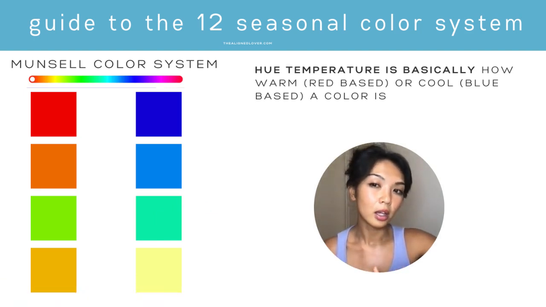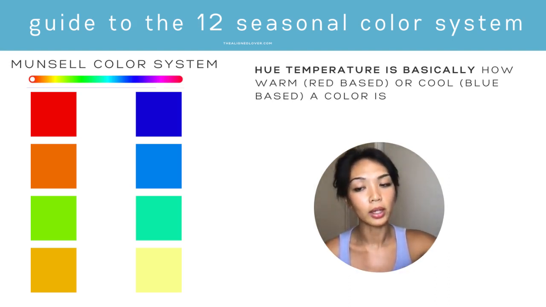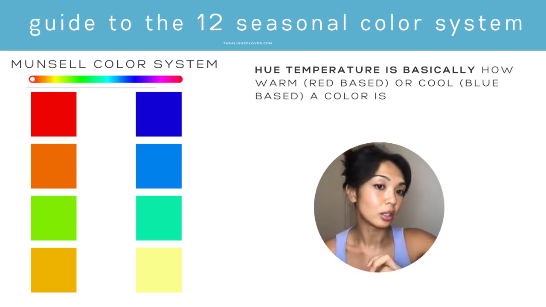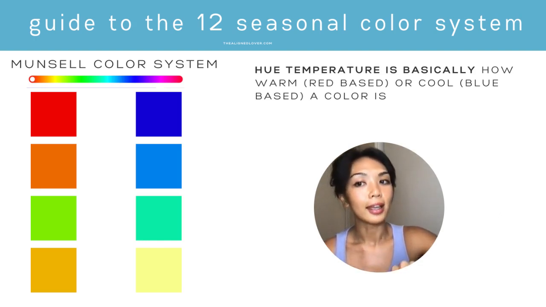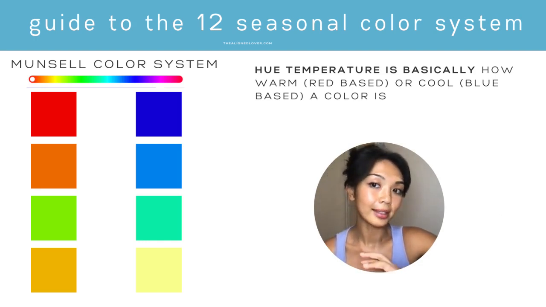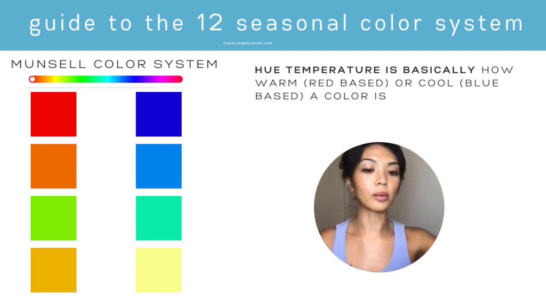It's closer to the blue or turquoise end of the spectrum. And lastly, at the bottom, we have 2 yellows. On the left, we have a much more orangey, golden, rich yellow, warmer. And then on the right, we have a more icy, cool yellow, closer to the green end of the spectrum.